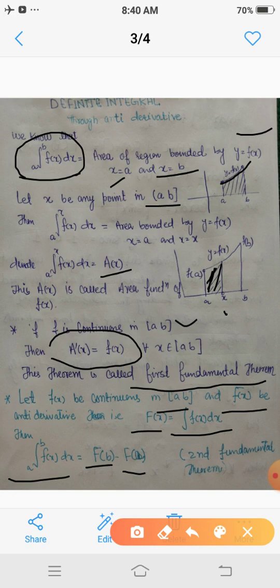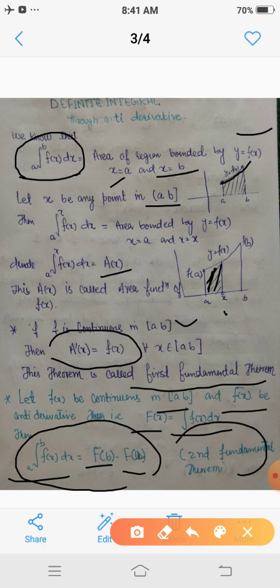So this means that, in terms of the antiderivative, the definite integral is always equal to the difference of its limit points in the antiderivative, that is, F of b minus F of a. Now this theorem, which says that if capital F of x is the antiderivative of f of x, whose indefinite integral we have to find, then the integral equals F of b minus F of a, is called the second fundamental theorem.